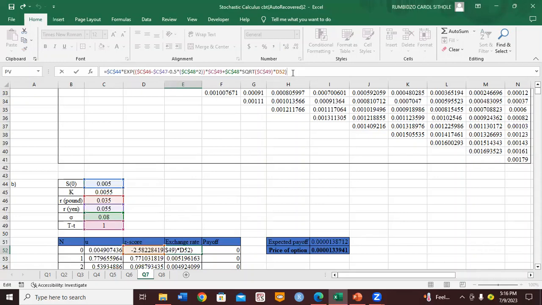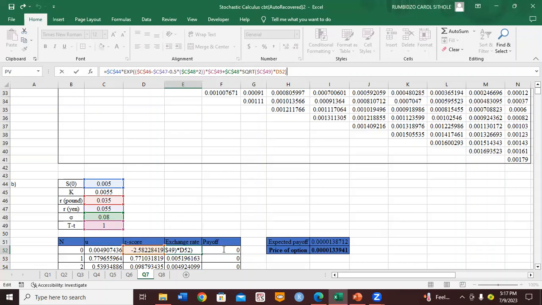Which is our S0 for our spot price multiplied by the exponential of R minus our R for the pound minus the R for the yen minus 0.5 multiplied by sigma squared multiplied by your T, plus your sigma multiplied by the square root of your T multiplied by this figure, which is your Z-score, which is your Z. Then you click enter.